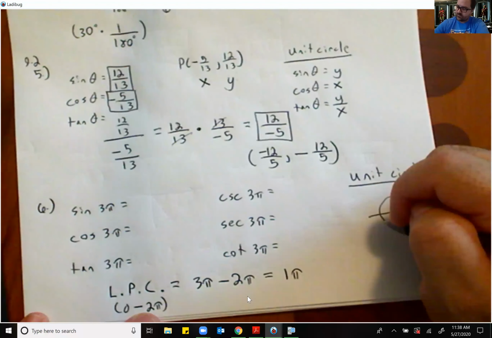Flip it. Secant theta is equal to 1 over x. And cotangent theta is equal to x over y. So all we have to do is flip these. That's why I always start with the sine, the cosine, and the tangent, because all I do over here is turn it upside down.